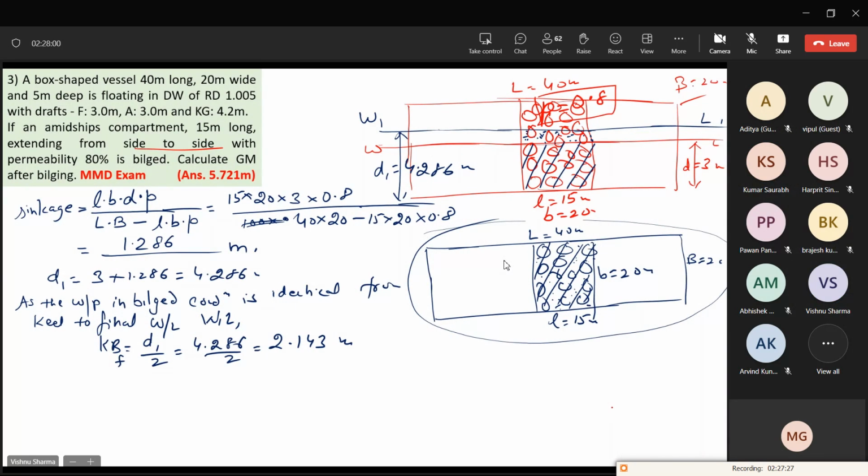Okay. So now, guys, where do you think will be the center of flotation in this case? Look at the water plane diagram. Where will be the geometric center of the intact water plane? There are 3 intact water plane areas. Where will be the geometric center of all of them combined?